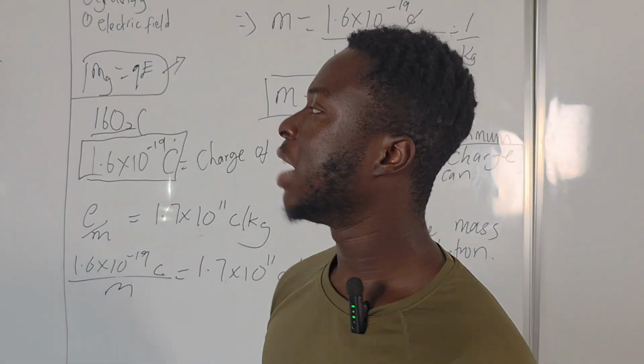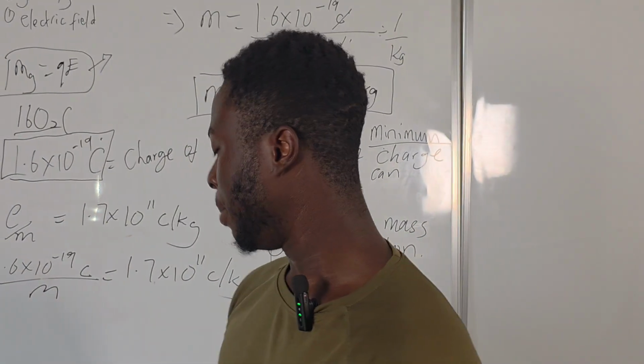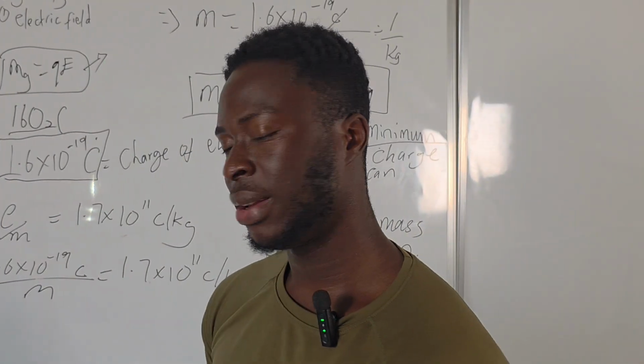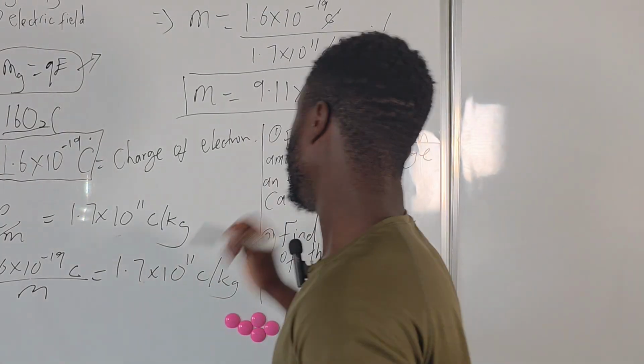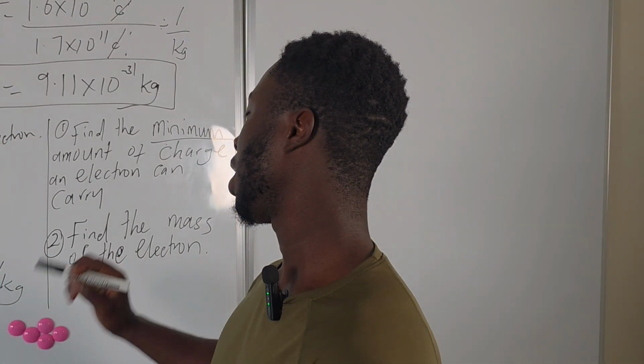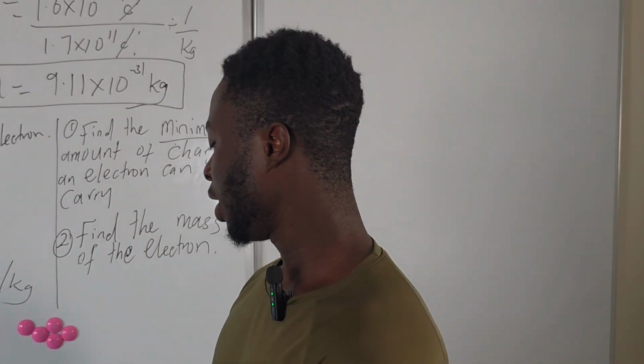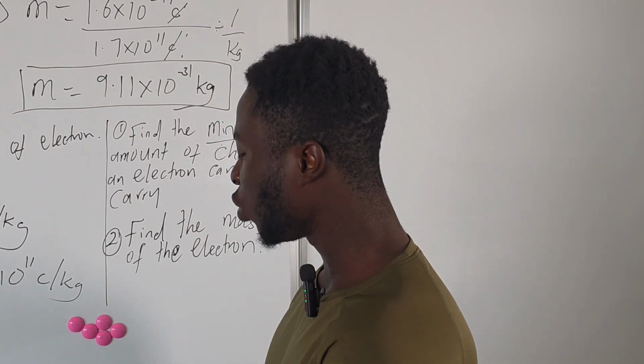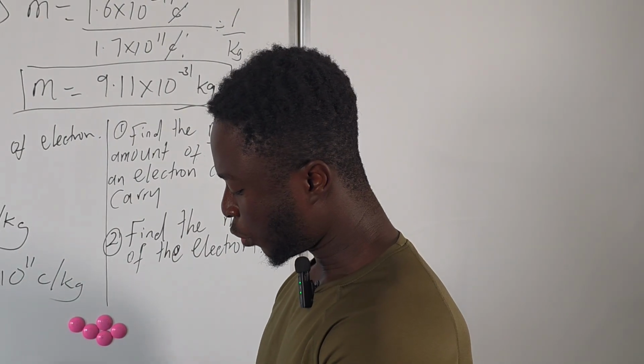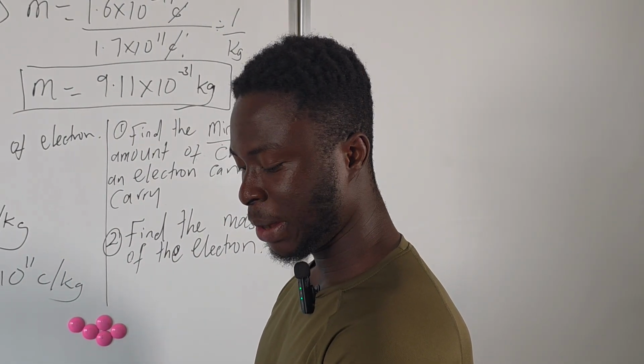That is Robert Millikan for you. He did a very amazing job in helping us find the minimum amount of charge and then the mass of an electron. So the next person that we are going to move on to from Robert Millikan.